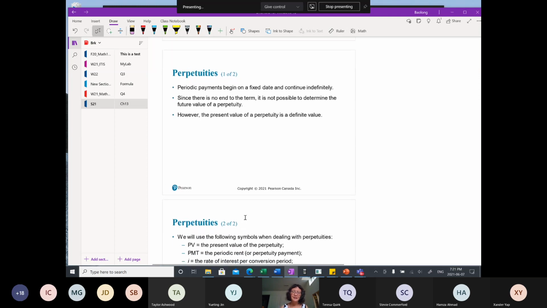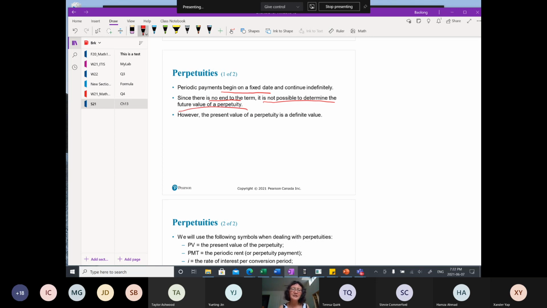So there are three important things you need to make sure you understand about perpetuity. Perpetuity has a fixed start date, but there is no end date. Because there is no end date, it is impossible to determine the future value of a perpetuity.